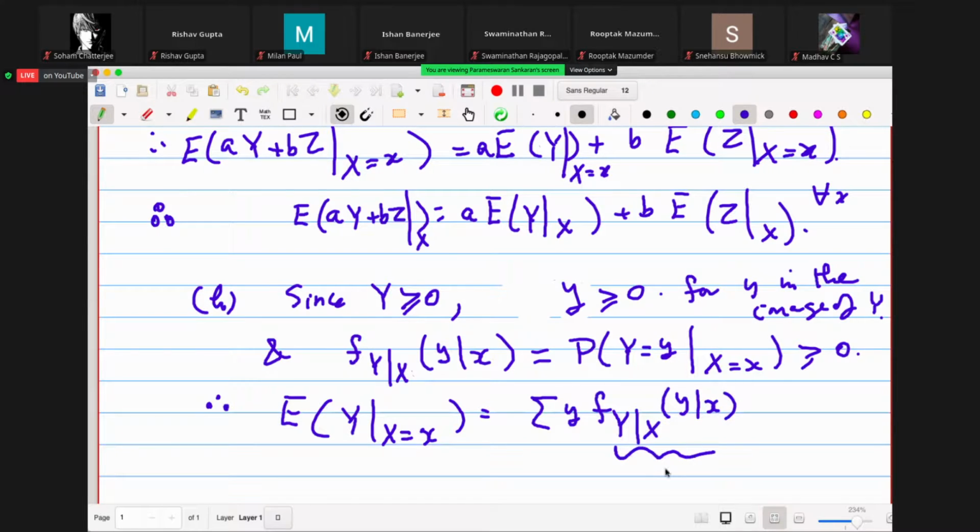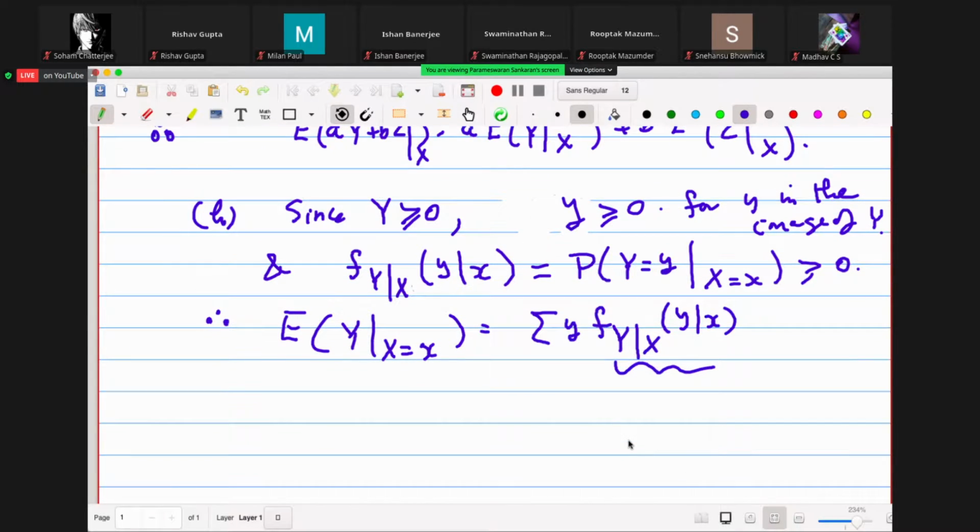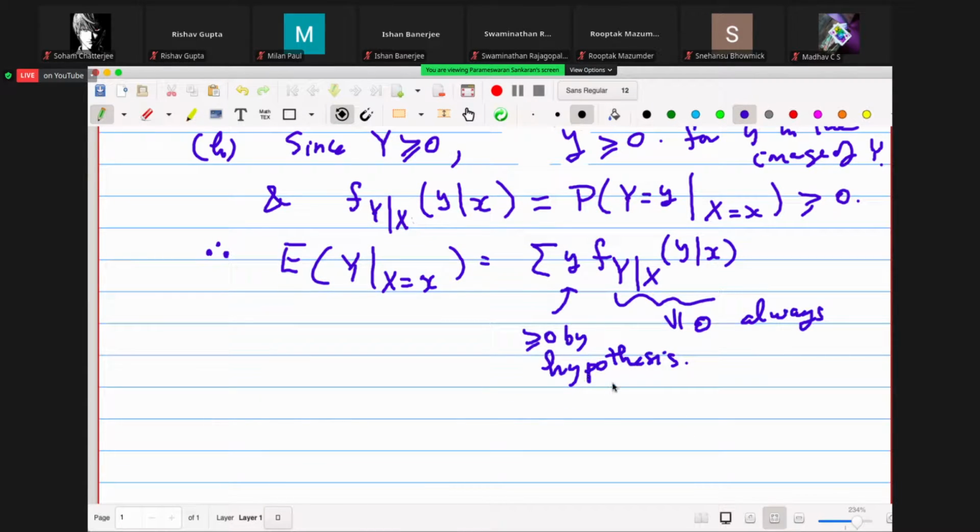But this factor is always positive, and this is positive because y is positive. So this is positive always, and this is non-negative by hypothesis. And therefore the sum is bigger than or equal to 0.